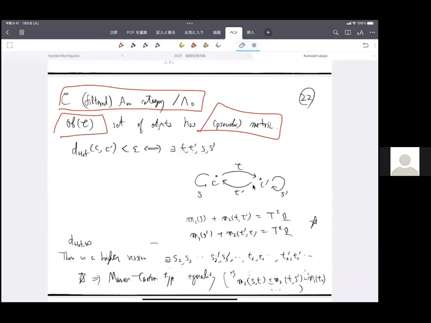Sorry, now that you've started to give definitions, I'll be a bit more pedantic. Ob C is a set of objects, so it's a set of isomorphism classes. Because the Gromov-Hausdorff distance is not a distance on metric spaces, it's a metric on isometry classes. And it is actually a pseudo metric.